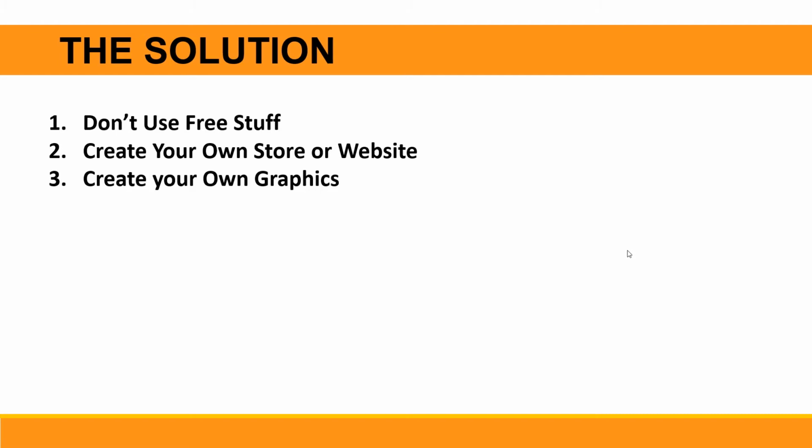So this is not really a solution for those people, and I'll come to the main solution for those people who just want to use this free stuff. But these are the main solutions. These three solutions are just to be more safe as compared to those people who are using the free stuff.